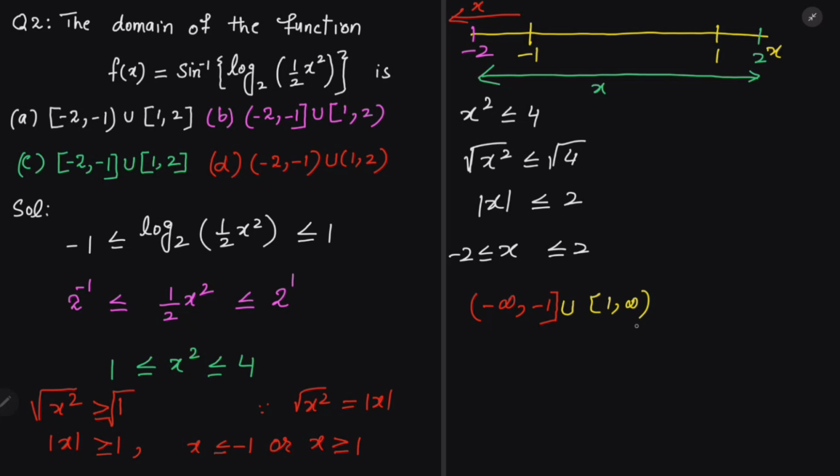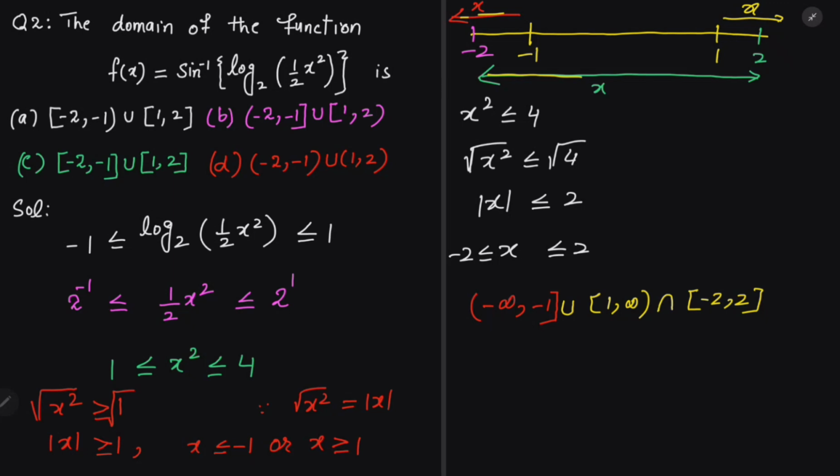And remember that the domain in such cases is the common domain. So we have to take the common domain with minus 2 to 2. So this is the common domain for minus 2 to 2. Okay, so we can see that over here, this one is x, this one is x over here, and this green line is x for minus 2 to 2.